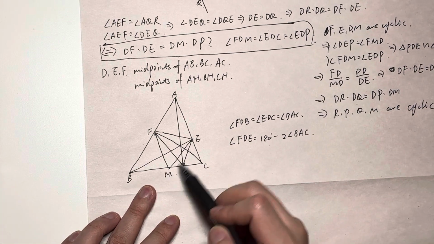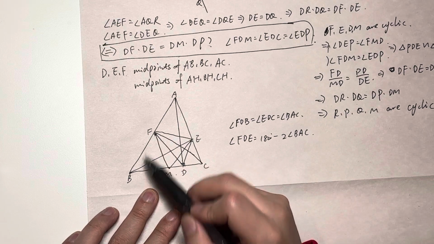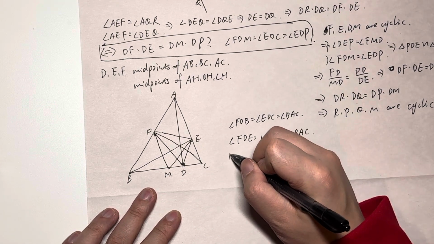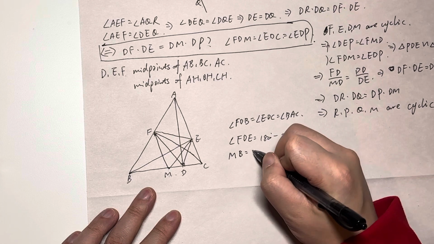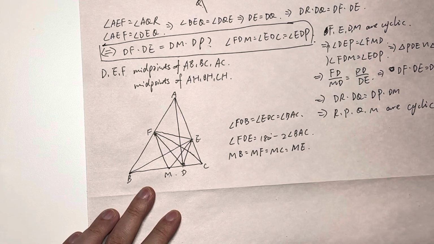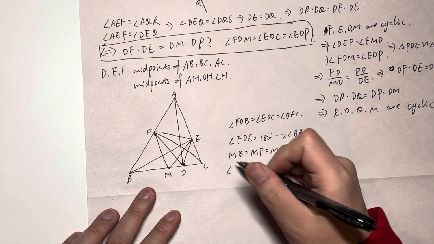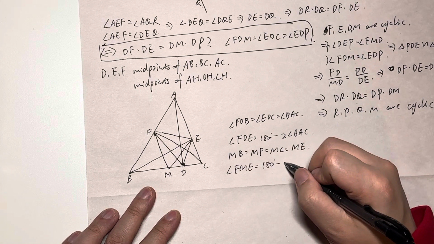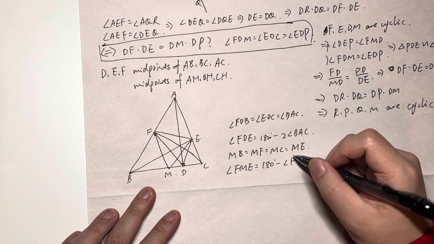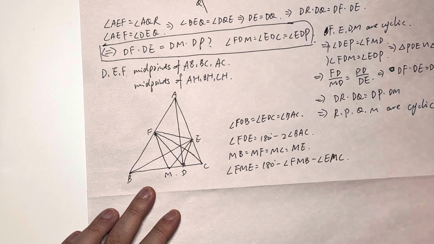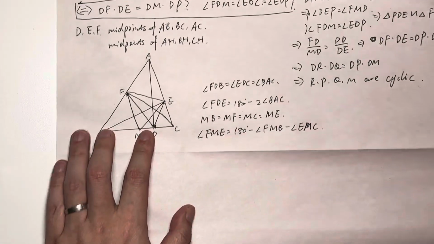And what about angle FME? Because triangle BFC is a right triangle and triangle BEC is a right triangle, so we know that MB equals to MF equals to MC equals to ME, right? That means angle FME equals to 180 degrees minus angle FMB minus angle EMC, right?